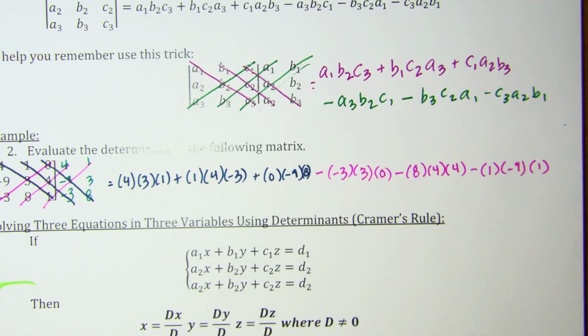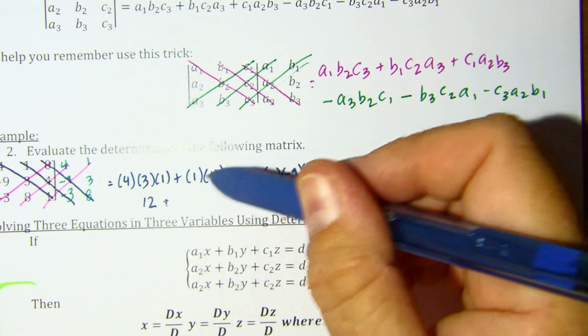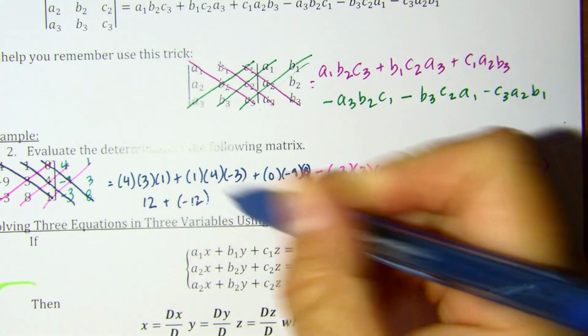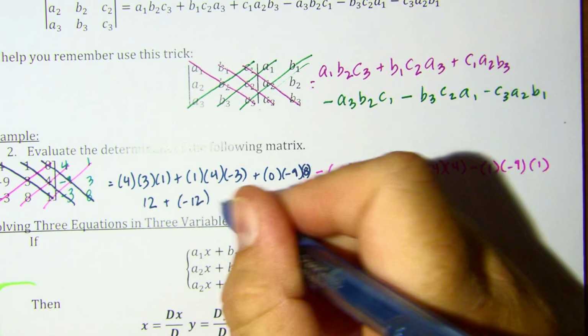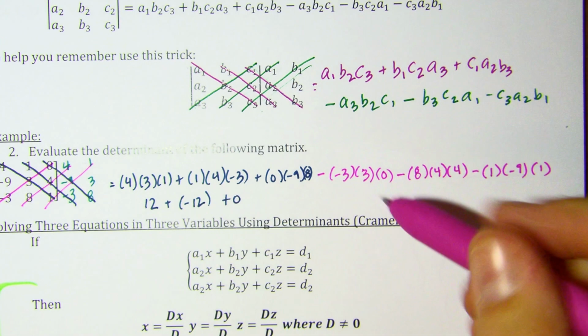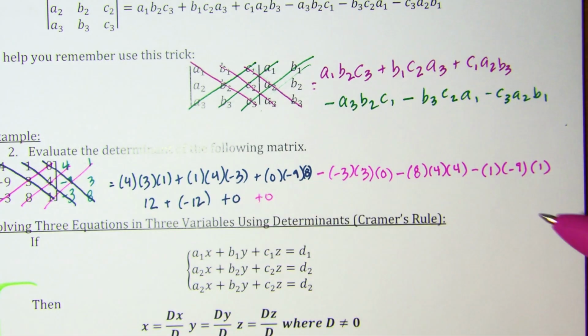So let's actually calculate out all of those. 4 times 3 times 1 is 12 plus negative 12. And then 0 times anything is 0. And then here we have 0 times that, so that's plus 0 again. And then 4 times 4 is 16, times 8 is 128.